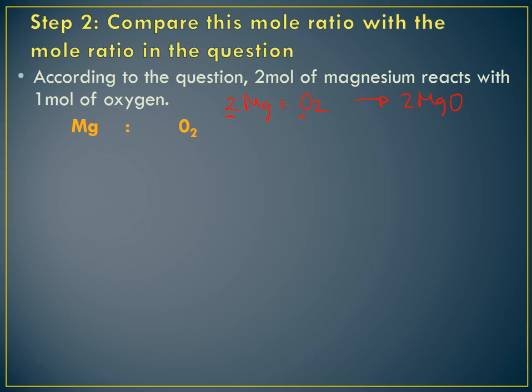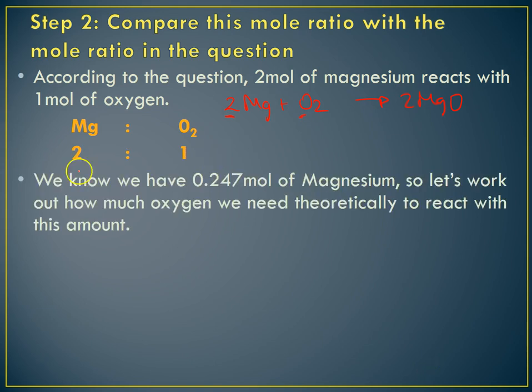If we set up the ratio grid, we have 0.247 mole of magnesium, so we're going to work with that. We're going to forget that we know how much oxygen is actually there, and pretend we don't know, and work out how much oxygen we would need to react with that amount of magnesium.